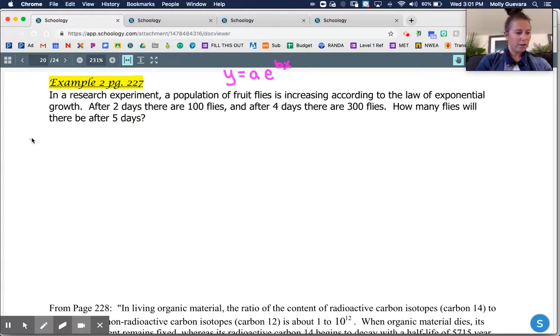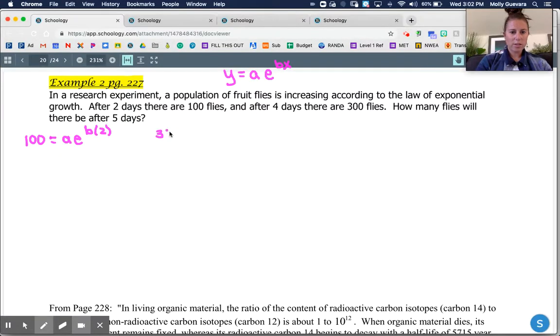So I'm going to write an equation here. There are 100 flies, so y, right? I don't know how many I'm starting with, and I don't know what I'm increasing by, but I know that x is 2 days. So after 2 days, there are 100 flies, and after 4 days, there are 300 flies.